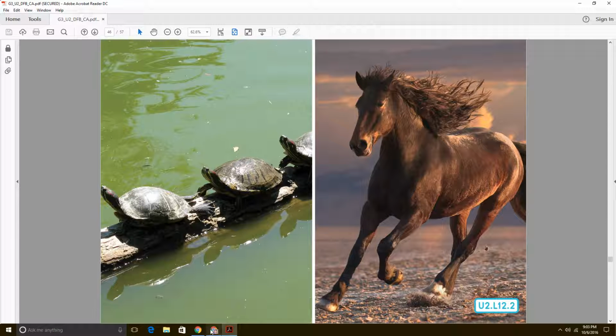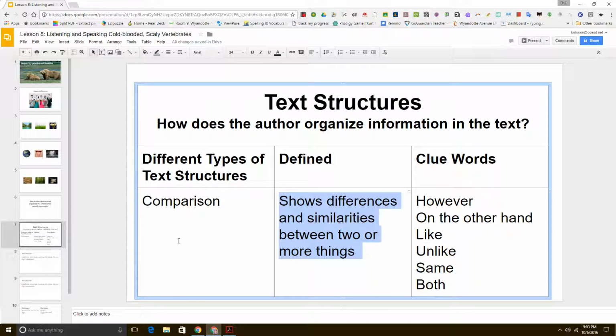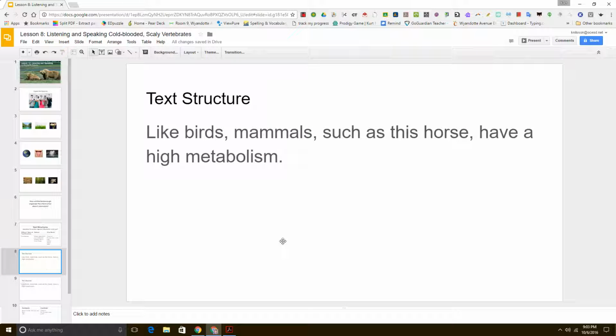Okay, boys and girls, let's take a little break and talk about those text structures again. You just heard Rattenborough say, like birds, mammals, such as this horse, have a high metabolism. Now let's really focus in on the structure of what Rattenborough is telling us. He used the word like.